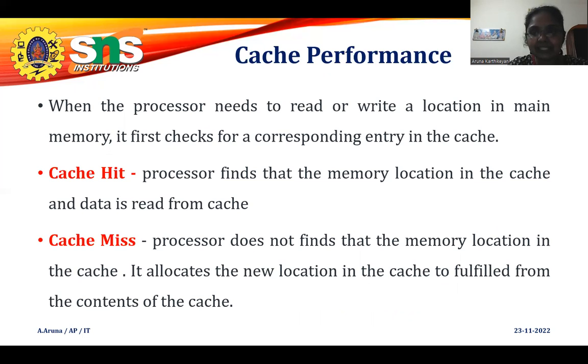If the processor does not find the memory location in the cache, we call it a cache miss. Then the processor allocates a new location in the cache to hold the content of the requested data. These are the two parameters used to calculate the performance of the cache memory.